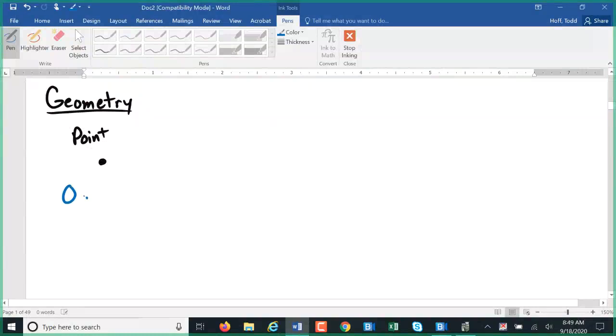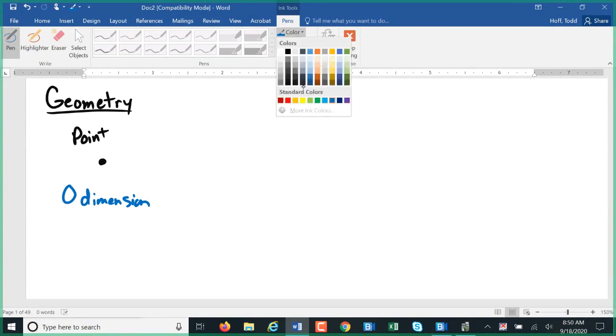It has 0 dimensions. Because if you're on that point, you cannot move in any direction. There's 0 directions you can move without leaving the point. Sounds very simple, sounds kind of useless, but that point is what builds everything that we use in geometry.